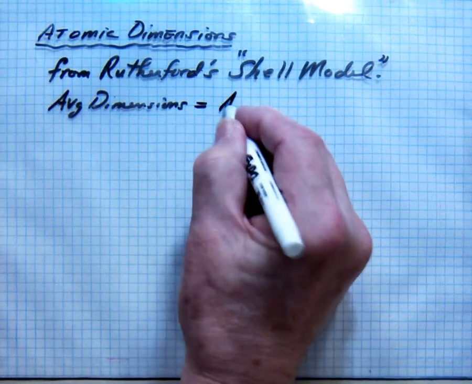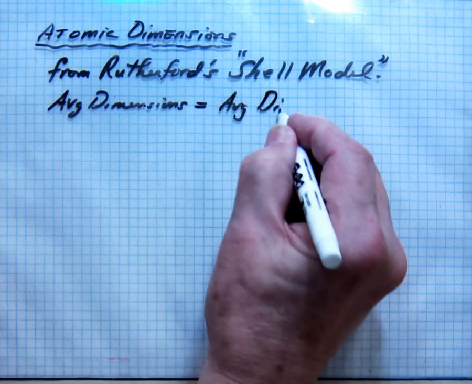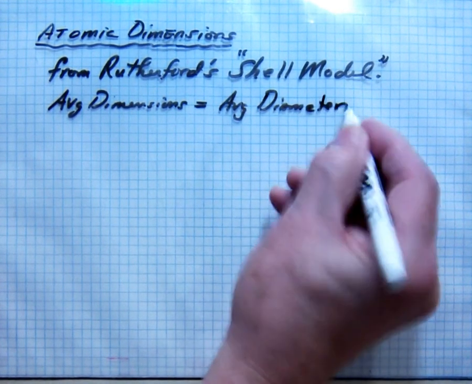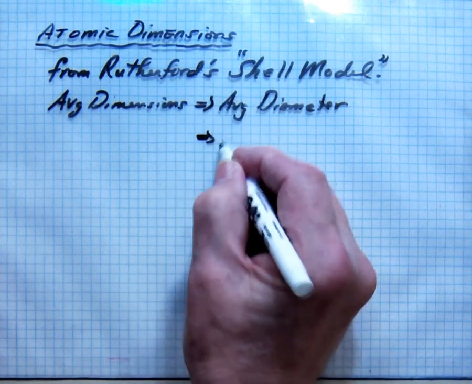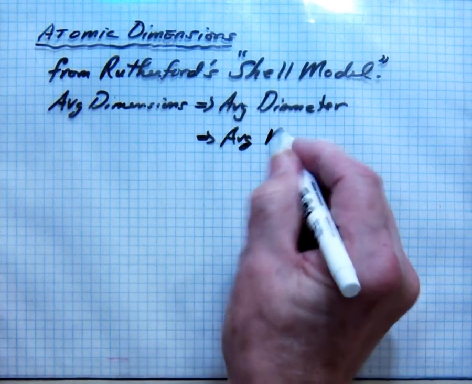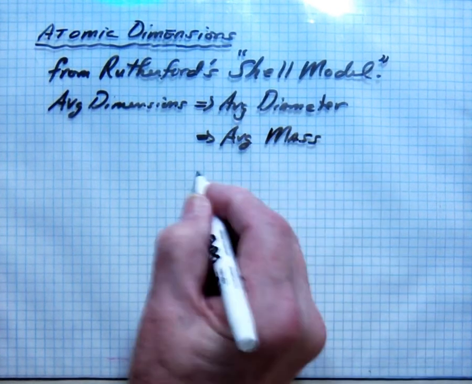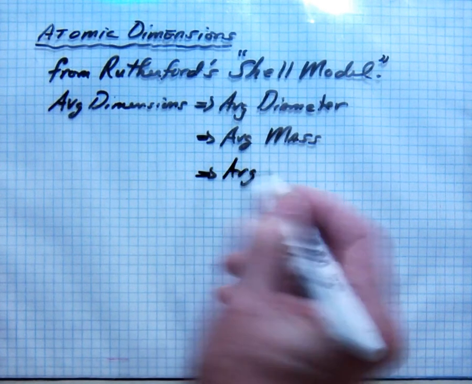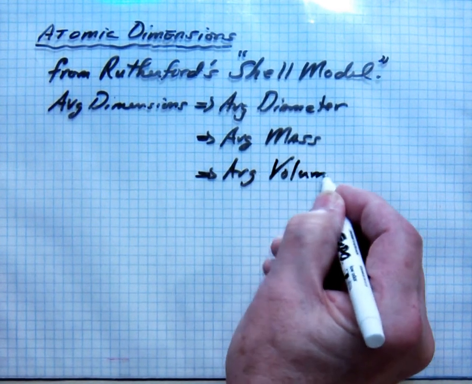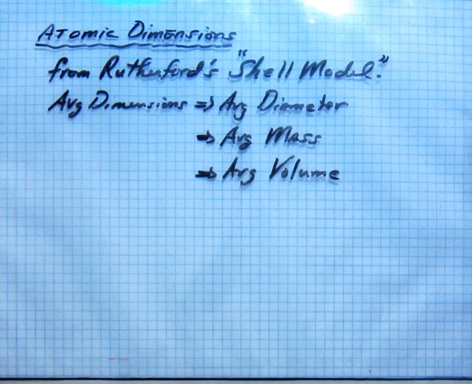That means an average diameter, an average mass or weight, and an average volume that are considered, on the average, relevant. If you wanted to talk about the dimensions of the atom, you talk about it in terms of average linear dimensions and so forth. And I'll show you.